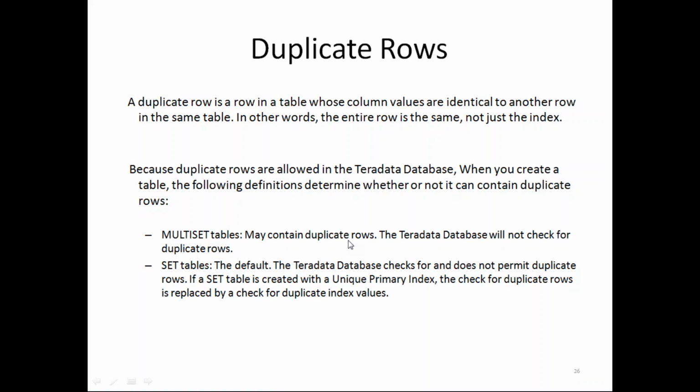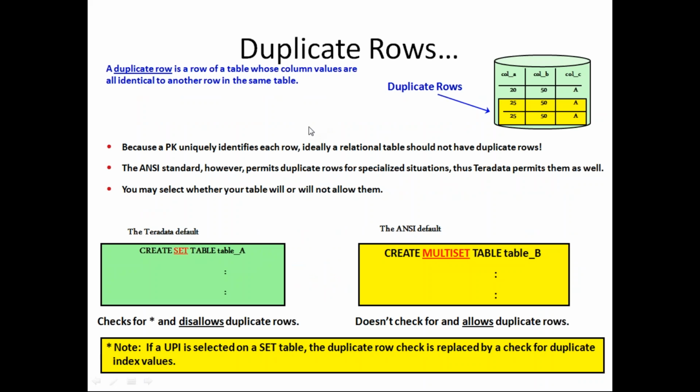Okay, so there is a scenario of which type of index should be chosen for which type of table. We have two types of primary index, unique primary index and non-unique primary index, and two types of tables, set and multi-set. Which table type, set or multi-set, should be chosen with a unique primary index or a non-unique primary index?